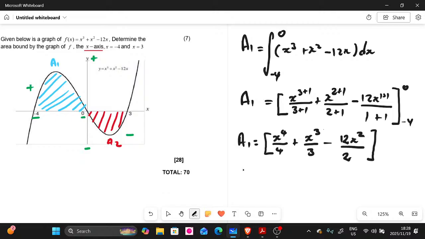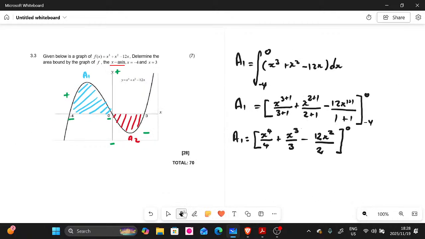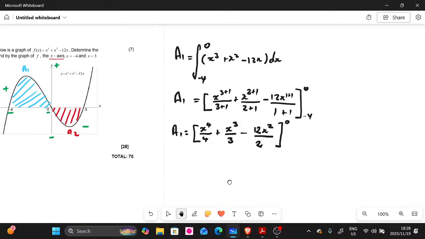This is going to be for the upper limit. What is our upper limit? 0, right? So remember, we always minus, guys. Let me just zoom down a bit here. We minus with the very same integral, which is going to be x to the power of 4 divided by 4, plus x cubed divided by 3, minus 12x squared divided by 2.